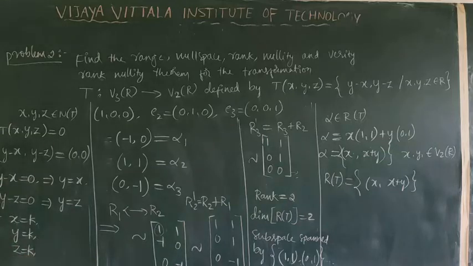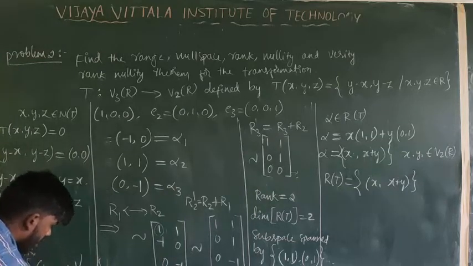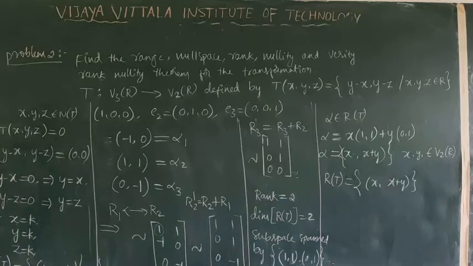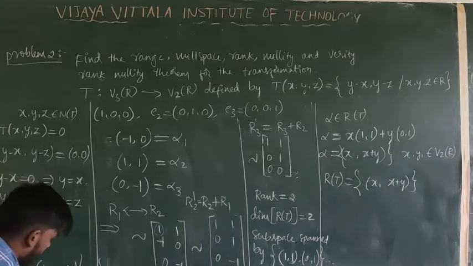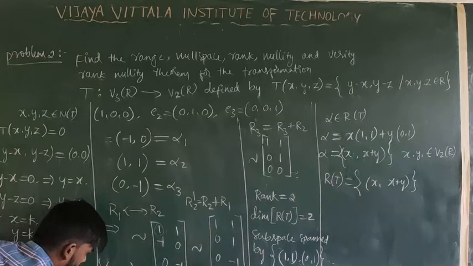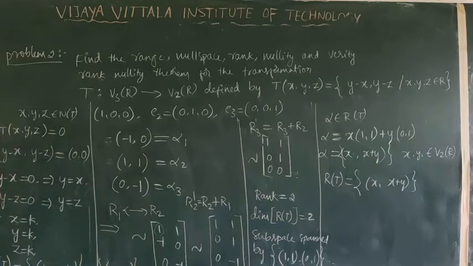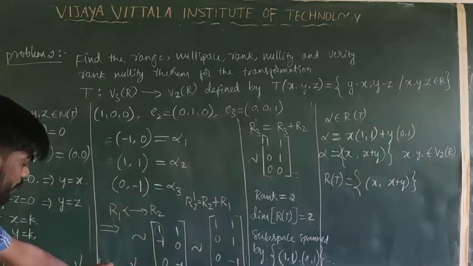Therefore, the null space N of T is k comma k comma k. X comma y comma z equals k comma k comma k, where k is not 0. In particular, we take 1 comma 1 comma 1. Therefore, we get the null space as 1 comma 1 comma 1.